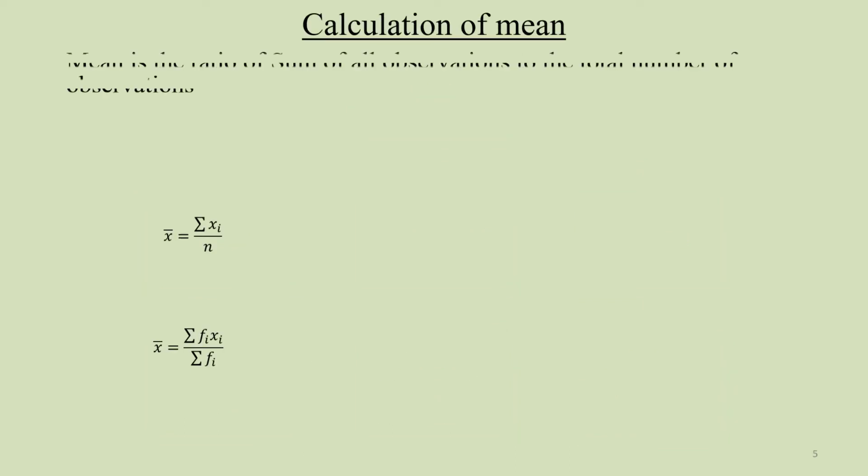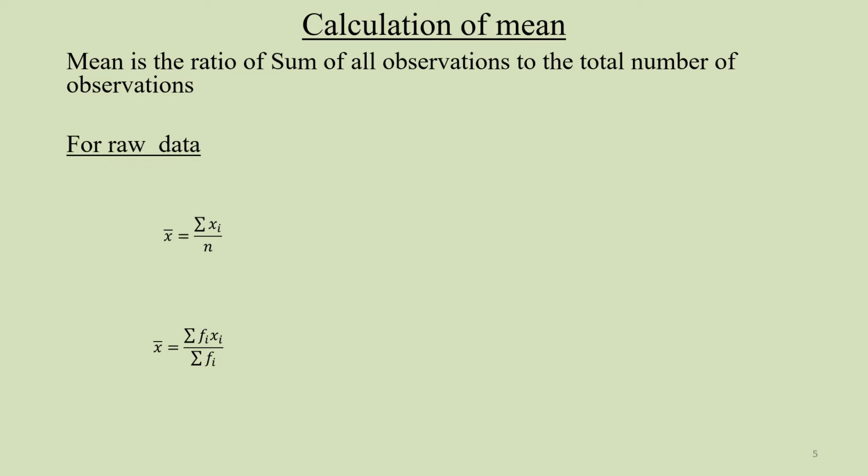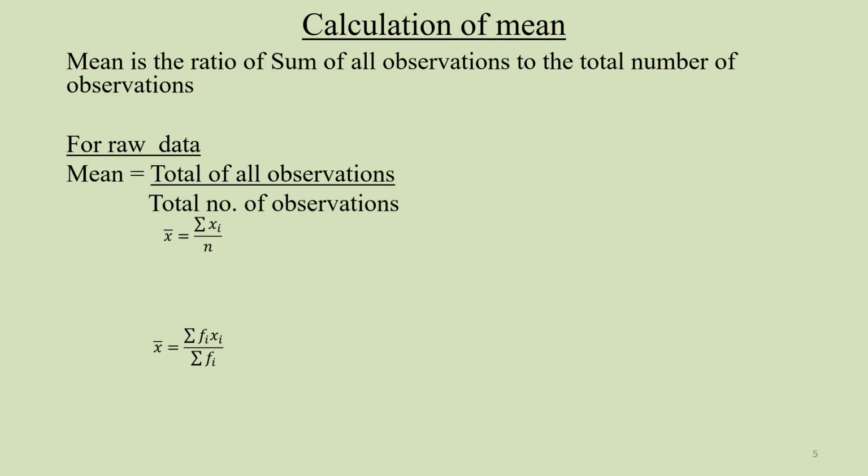Calculation of mean. Mean can be calculated as sum of all observations divided by the total number of observations. That is the ratio of sum of all observations to the total number of observations. For raw data, this can be calculated as summation xi upon n, where x1, x2, xn will be the n observations and mean is generally denoted by x bar.